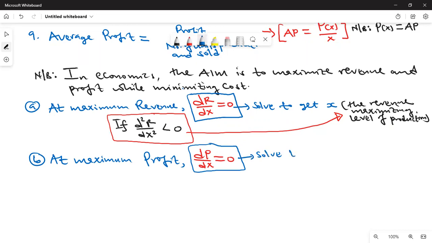That value of x will be the profit maximizing level of production.